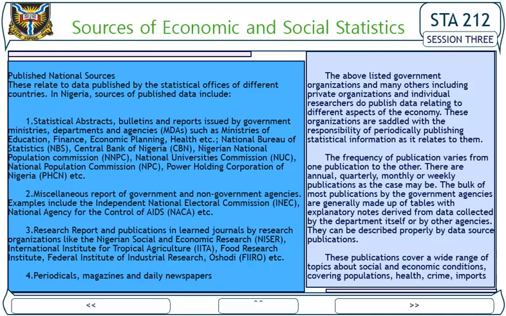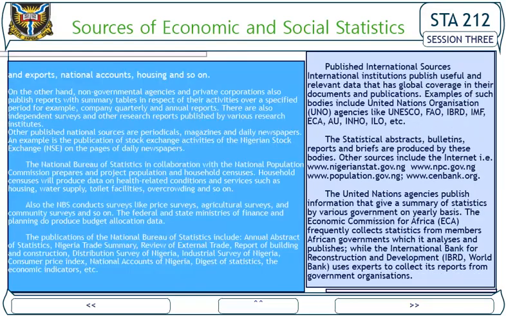These publications cover a wide range of topics about social and economic conditions, covering population, health, crime, imports and exports, national accounts, housing, and so on. On the other hand, non-governmental agencies and private corporations also publish reports with summary tables in respect of their activities over a specified period.